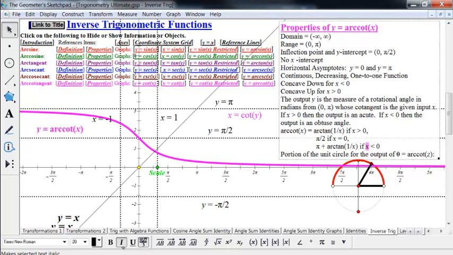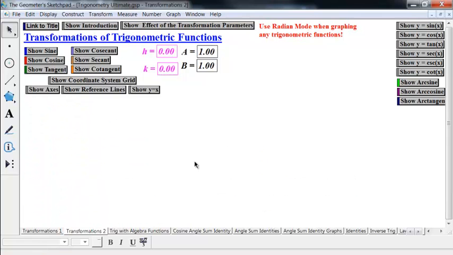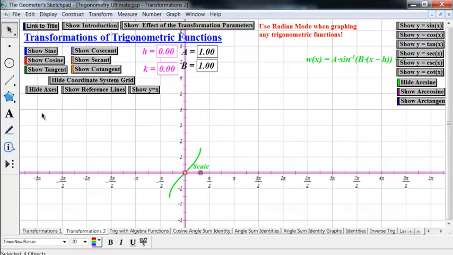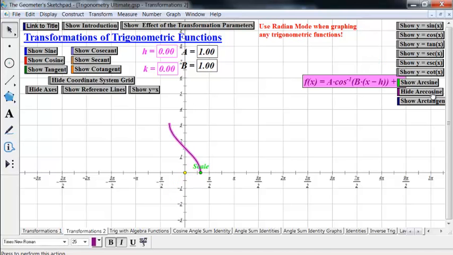Okay, and that concludes our basic introduction to these. By the way, if I go back here to transformations 2, just to show you, there's the arc sine, but this also has a times arc sine of b times x minus h plus k, and so we can manipulate these parameters and transform it like we can any other function.